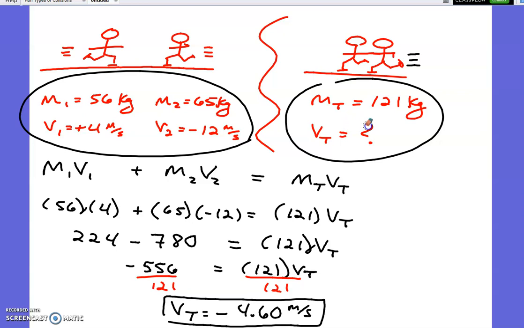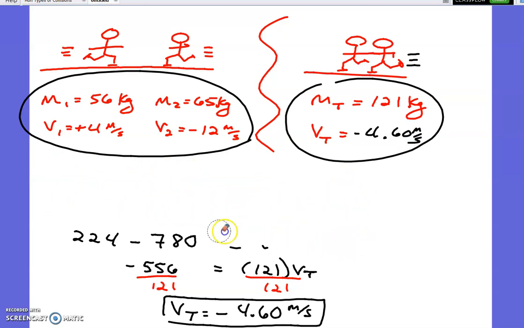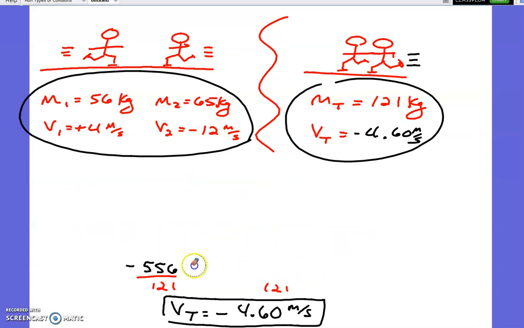We have just figured out that this velocity is negative 4.6 meters per second. So let's start by calculating the kinetic energy in the very beginning.